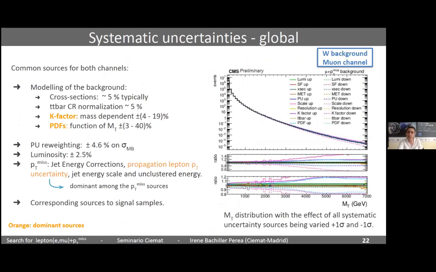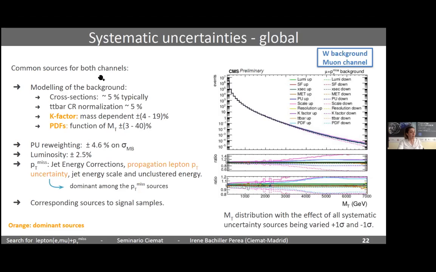In this distribution on the right is the transverse mass for the W background in the muon channel. And we plot in different colors all the effects of systematic uncertainties shifted 1 sigma up or minus 1 sigma to see how the transverse mass changes.